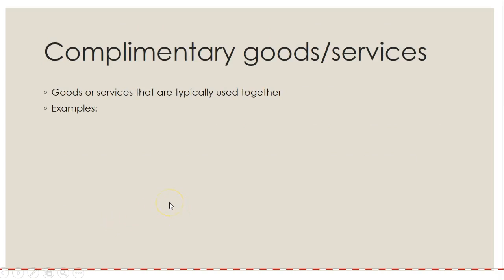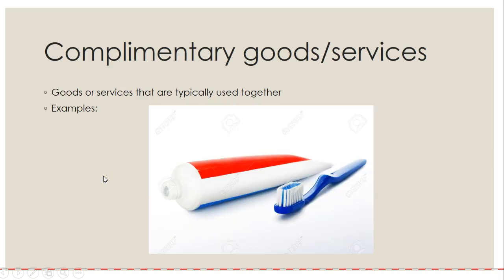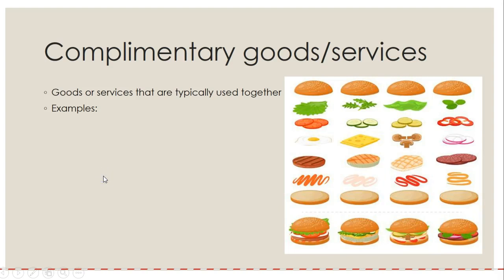Okay, now complementary goods. Go ahead and put the definition in your box on your sheet. Goods or services that are typically used together or purchased together. And some examples would include peanut butter and jelly, toothpaste and toothbrush, anything that goes into a hamburger.